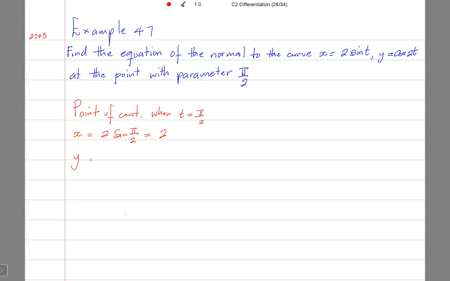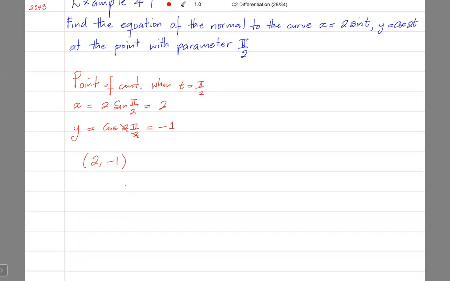And y is equal to the cosine of 2 pi by 2, which is the same as the cosine of pi. Pi is 180 degrees, and the cosine of 180 degrees is minus 1. Of course, if you don't know these things, you could always just use your calculator. So 2, minus 1 is the point of contact.